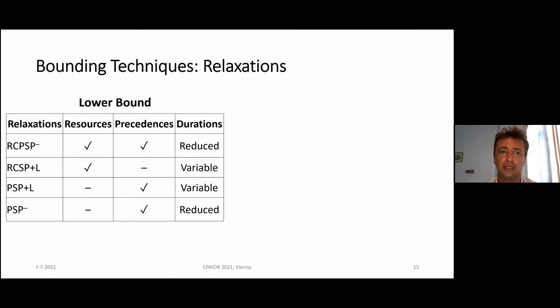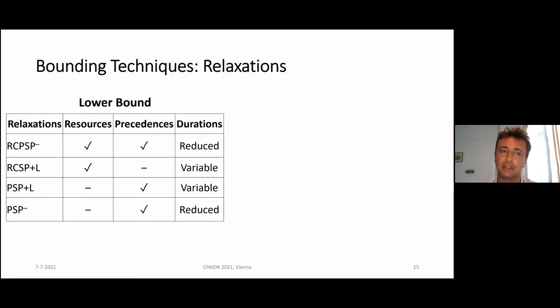We also did lower bounding because we were aware that upper bounds might not be everything if optimality cannot be proven. We did a couple of different combinations. We dropped the precedences, dropped the resources. We looked at only reduced durations without actually tying them to the requirement that the precedence for learning needs to be met.